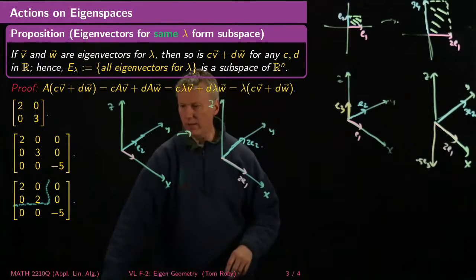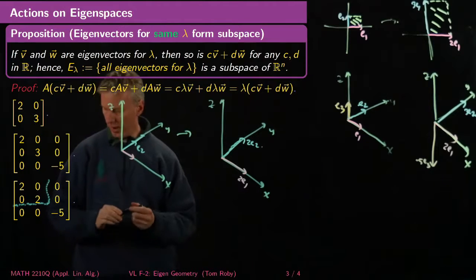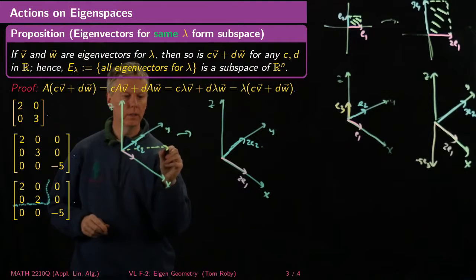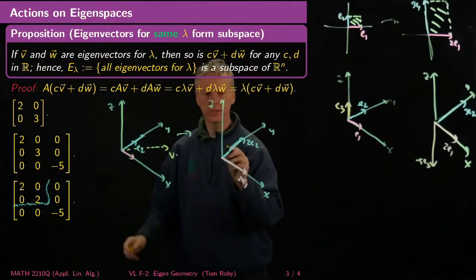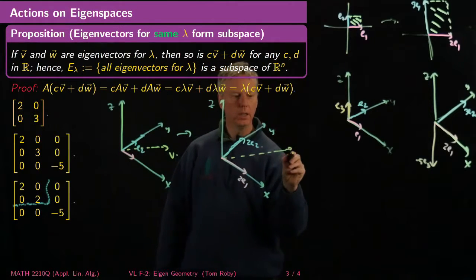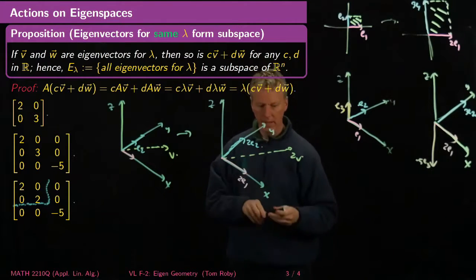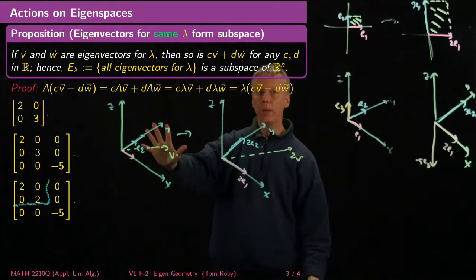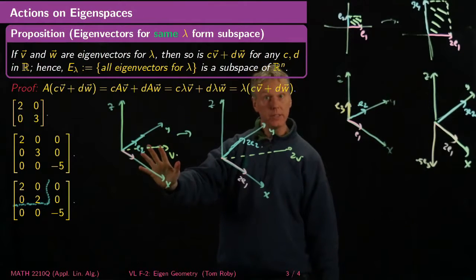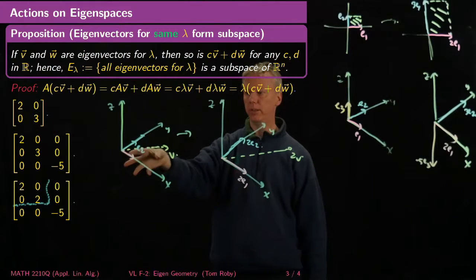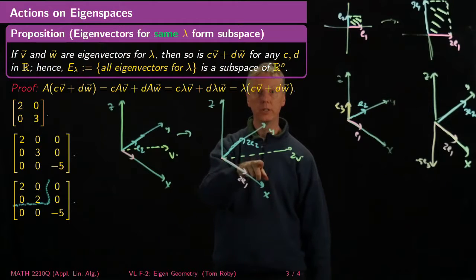So really, any vector, even if I drew some other random vector in here, v, then it's just going to go to 2v over here. Okay? So this xy plane then is the eigenspace, because every vector in here satisfies the property that if I apply the linear transformation to it, I'll just double its length.